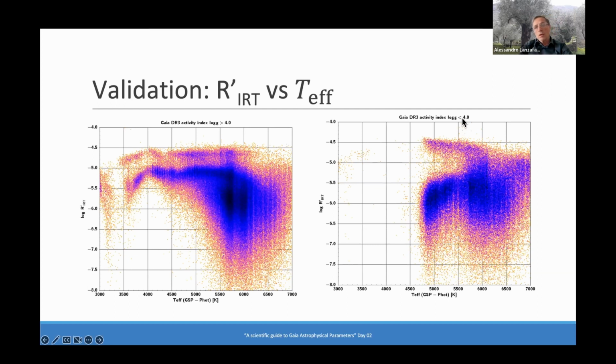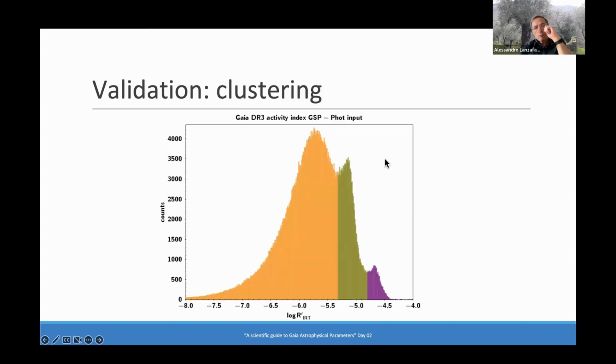For the low surface gravity sample, we have essentially all inactive stars, apart from a high branch here that probably comes from RS-CVn systems mostly, or maybe also some pre-main sequence stars, as we shall see in a moment.